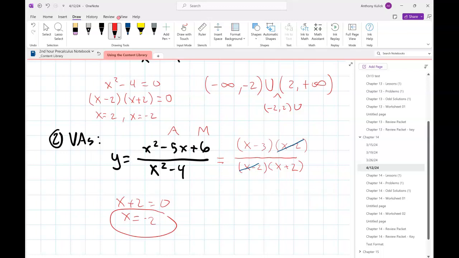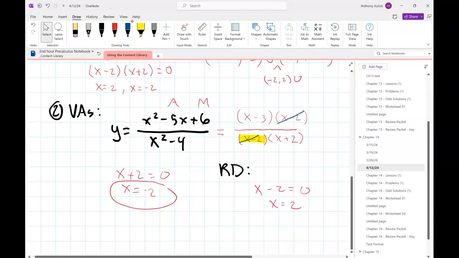If I want the removable discontinuity, that's going to be the thing that we completely reduce from the denominator. I set that equal to 0 and solve. But the removable discontinuity is a point. It's not a line, like a vertical asymptote's a vertical line, so it's x equals. A removable discontinuity is a point. It's a hole somewhere on our graph.